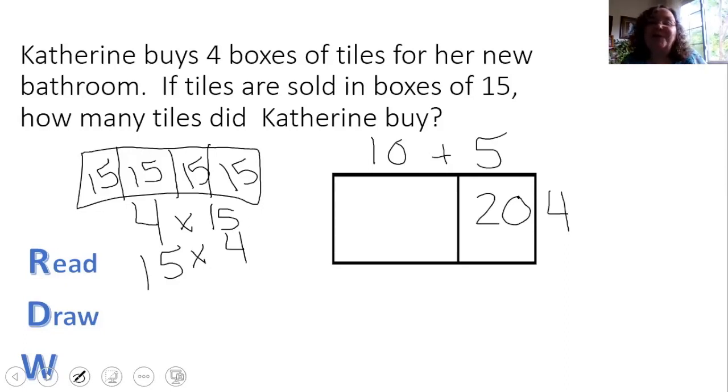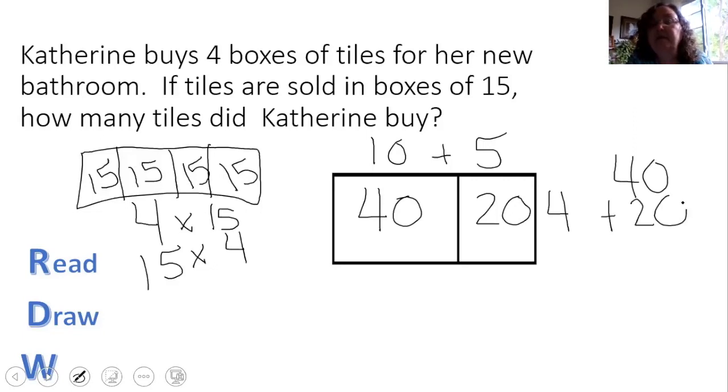How about 4 times 10, like 4 dimes? 40. Very good. Now, because I took it apart, I'm going to put it back together, and I have 40 plus 20 is 60. Very good.